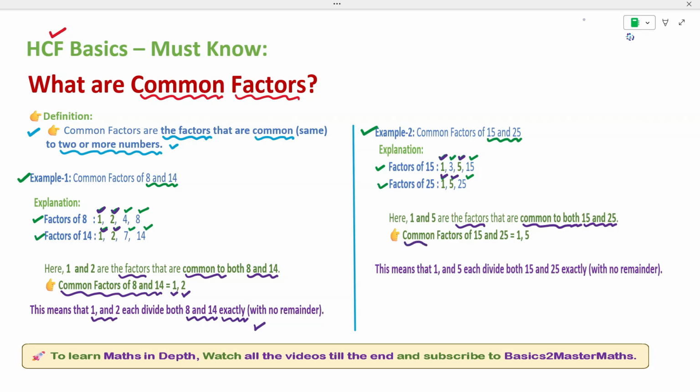So, common factors of 15 and 25 are 1 and 5. This means that 1 and 5 each divide both 15 and 25 exactly. Got it?